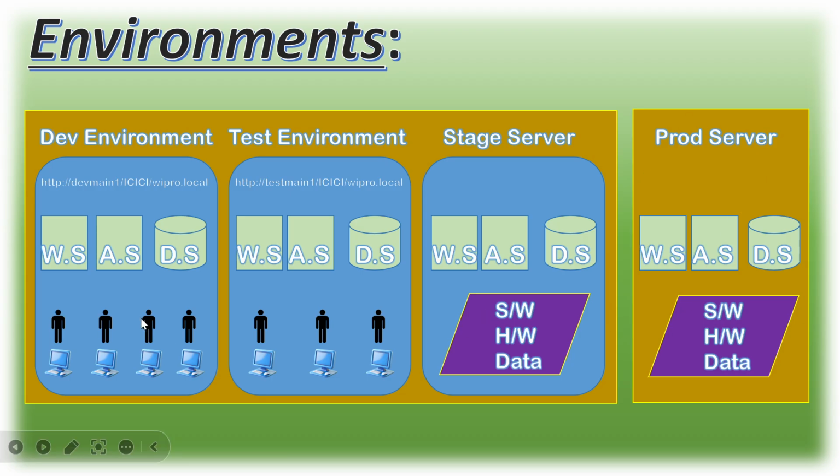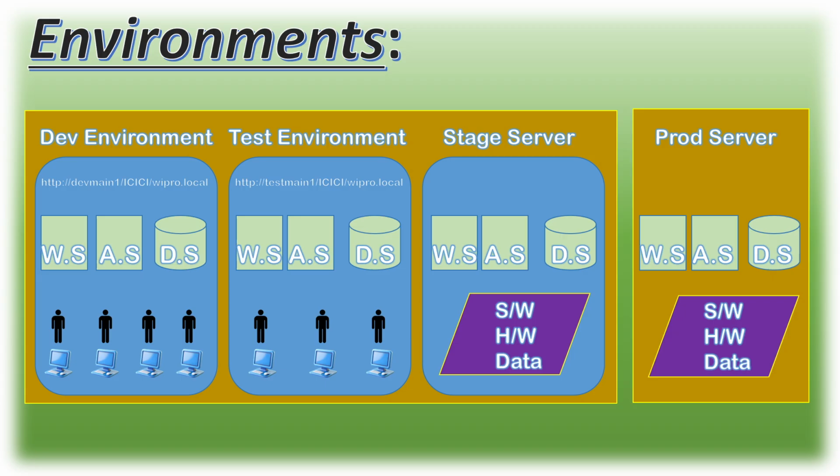Usually the development team uses systems with a very small configuration, for example 4 GB RAM, 500 GB hard disk, and a single processor.